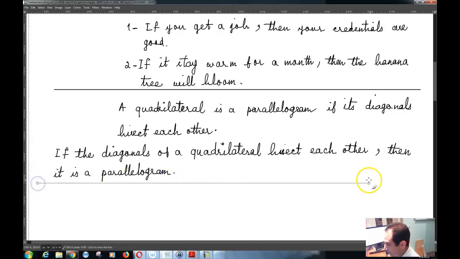If the diagonals of a quadrilateral bisect each other, then it's a parallelogram.